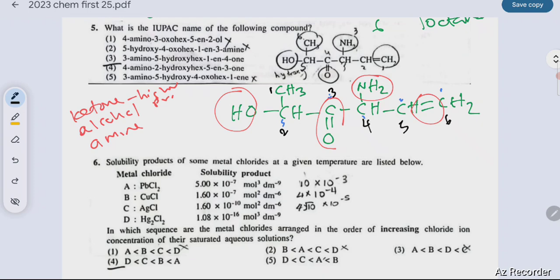Then I am getting lower numbers for the higher priority groups. See, hydroxyl gets 2, then ketone has this 3 and amine has 4. So this should be the way, right? 1 and this should be 2, 3, 4, 5 and 6.